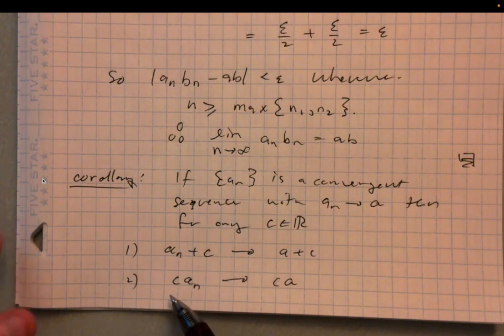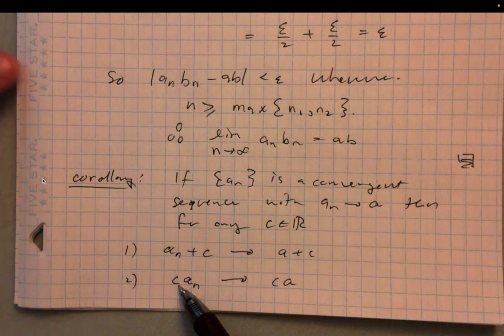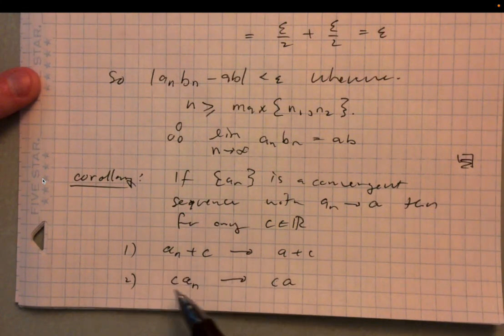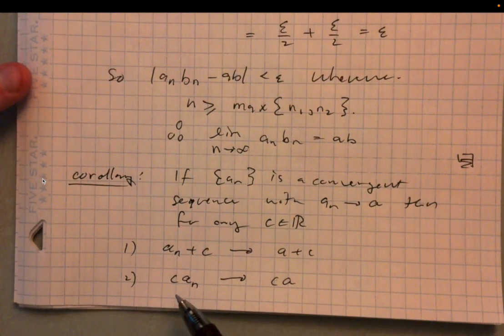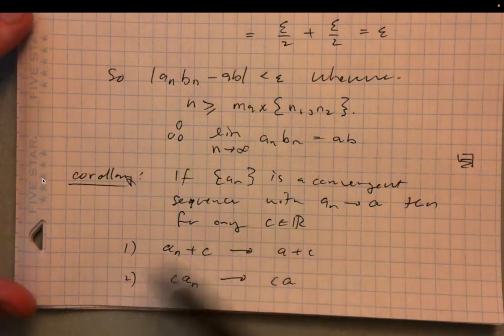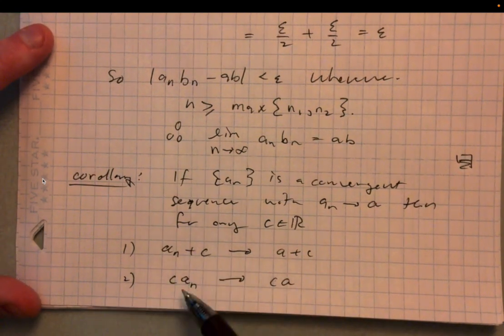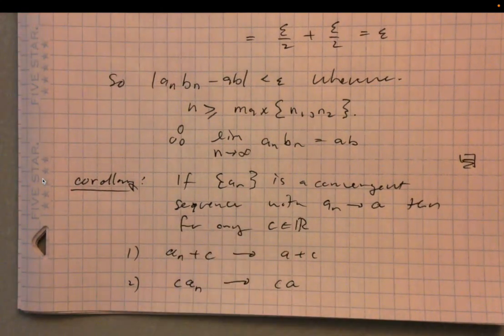If you swap in a constant sequence for b sub n, then it's essentially the same theorem. And certainly the limit of a constant sequence is the constant value. So both parts follow from the previous theorem almost immediately, if you just think of the b sequence as being a constant sequence. Very good.